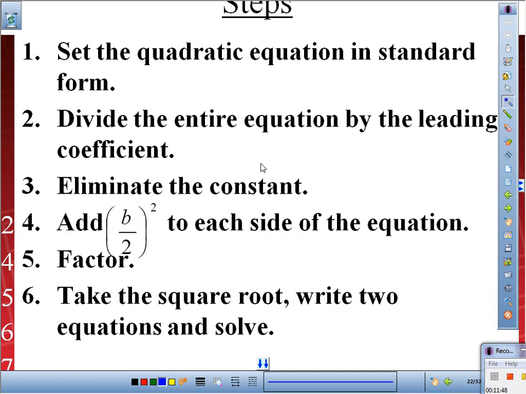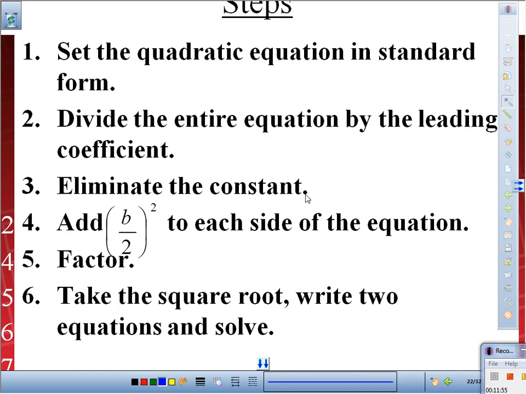Does everybody understand what that means? From highest to lowest degree. Is that correct? All right. Step 2, divide the entire equation by the leading coefficient. If it's in standard form, the number that multiplies the x squared is the leading coefficient, and you're going to divide the entire equation by that. Does that make sense? So far so good, okay?